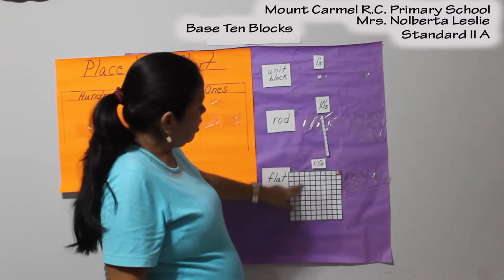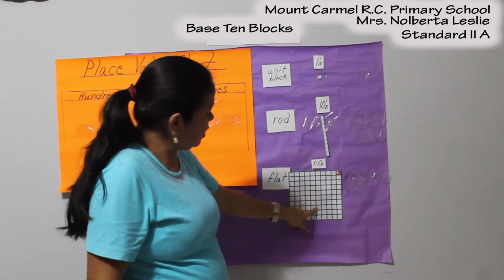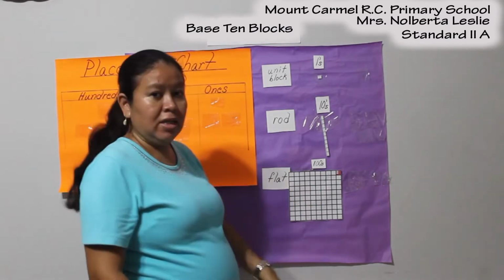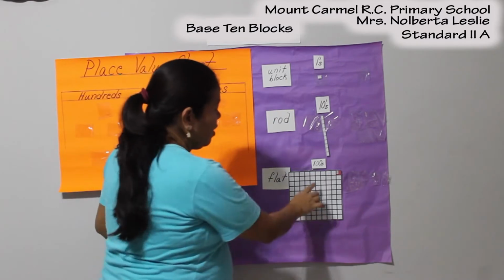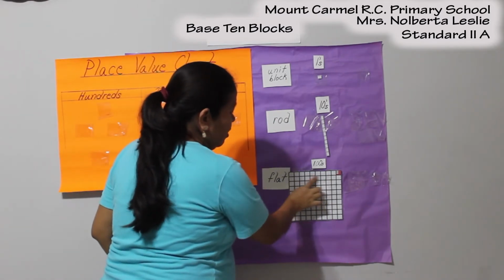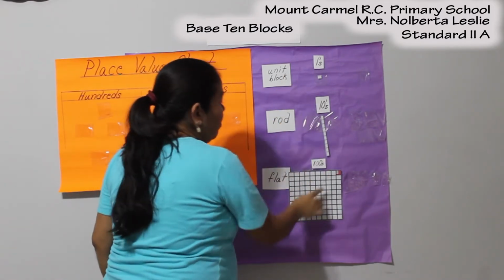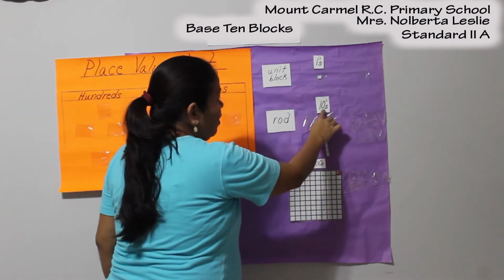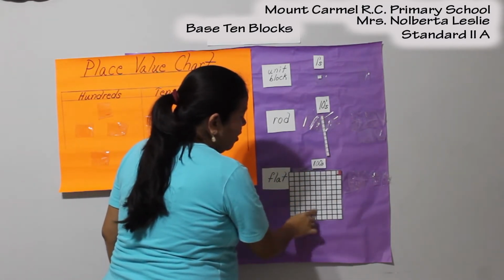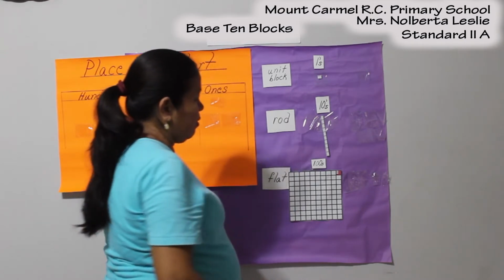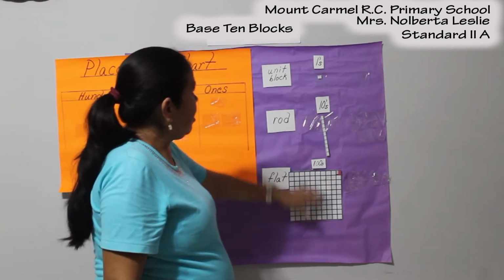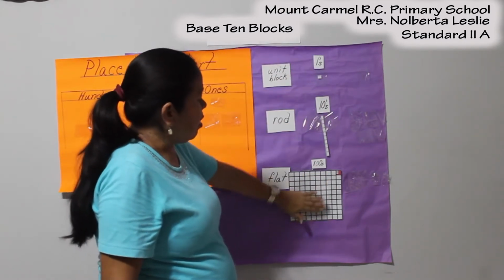So how many rods do we have in this flat, in this hundreds? 10. Okay? So this is 100 pieces. We have 100 unit blocks here, or we have 10 rods. Alright? So that is what makes up the base 10 block.